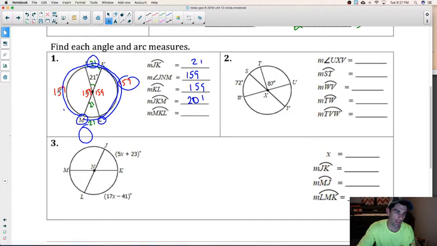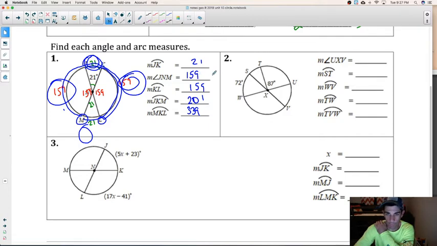It's basically everyone except for 21. So you can do 159 plus 21 plus 159, or just say 360 minus 21, whichever you feel most comfortable with. Either way, you're going to end up with 339. So there you go, that's example number 1.